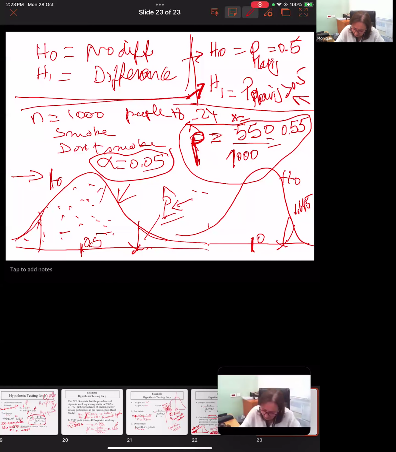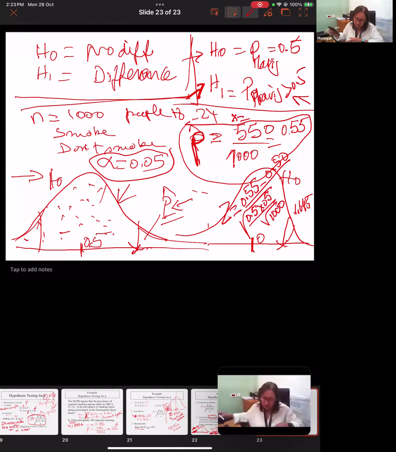So I would find Z, which is 0.55 minus 0.50, which is P minus P0, over the square root of 0.5 times 0.5, which is P times Q, over 1,000.